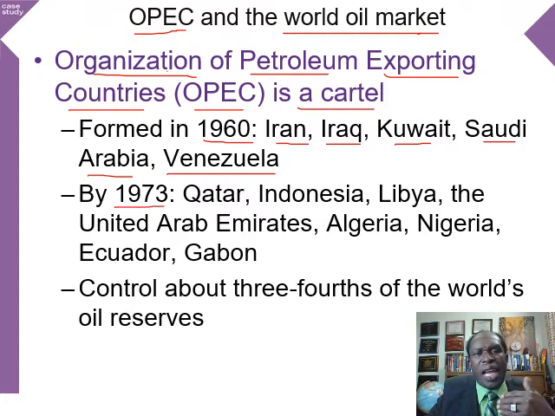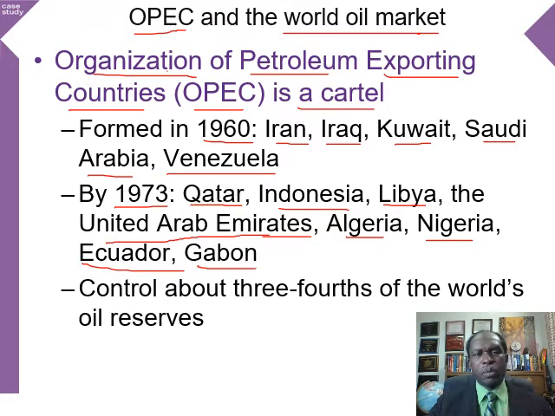By 1973, the membership grew to eight more: Qatar, Indonesia, Libya, the United Arab Emirates, Algeria, Nigeria, Ecuador, and Gabon. It's a cartel, and they control about 75% of the world oil reserves.